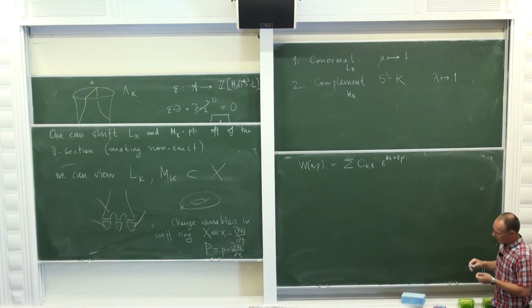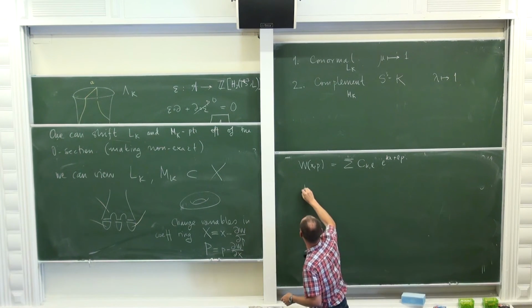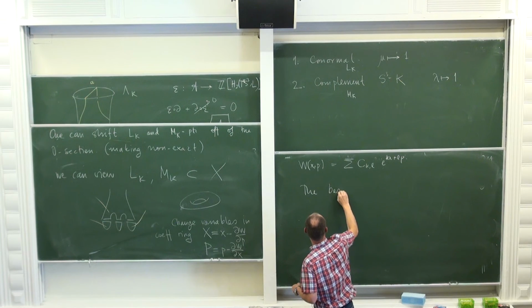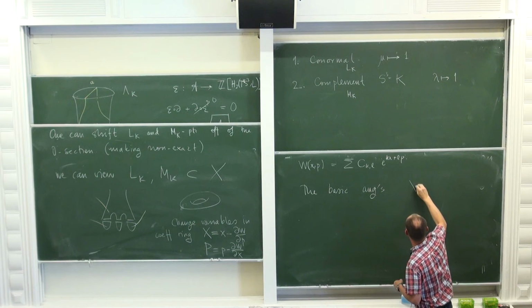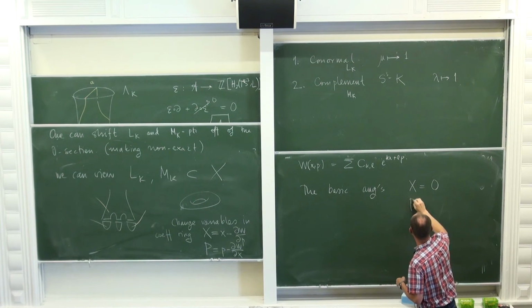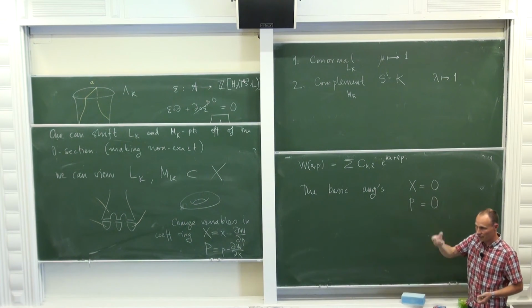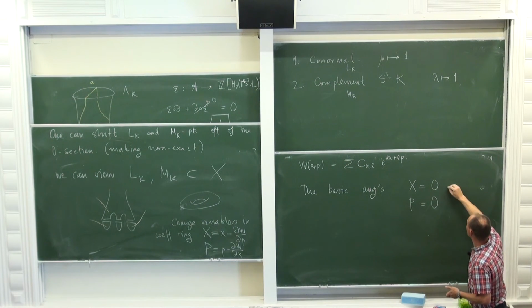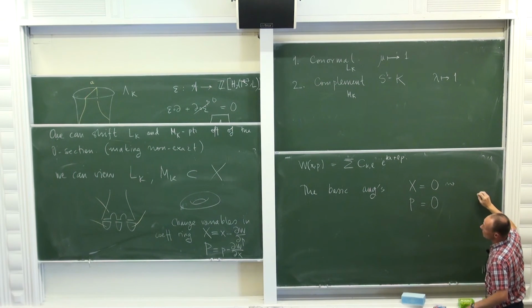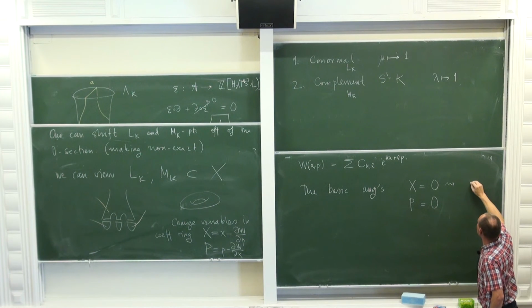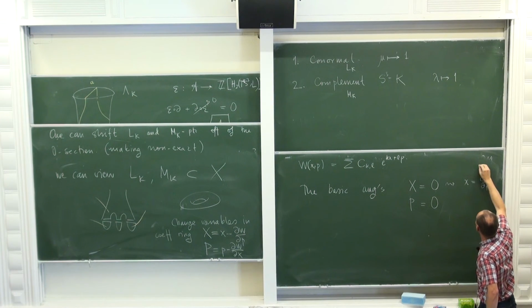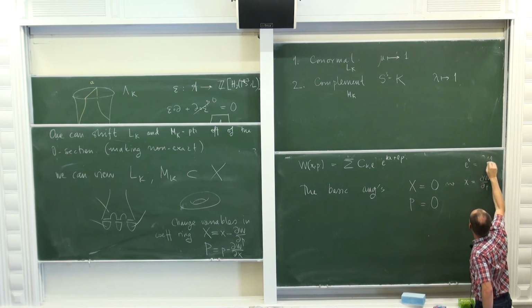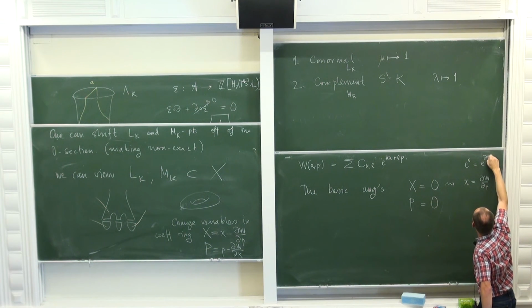And so, for example, the basic augmentations correspond to x equals 0 or p equals 0. Right? That's when we fill the cycle and do nothing more. So in our original variables, this means that we find that x is equal to dw dp, for example, or if you wish, each of the x equals each of the dw dp.